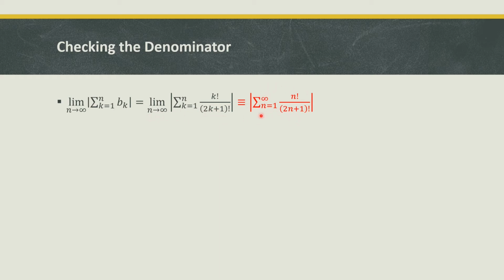Instead of writing the entire notation of the limit as n approaches infinity, it is common to see the infinity symbol as the upper limit of the summation notation. And by doing that, we can now eliminate k and replace it with n. So this expression and this expression actually mean the same thing.